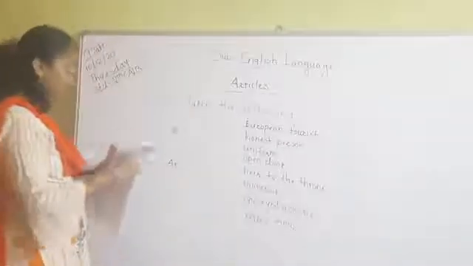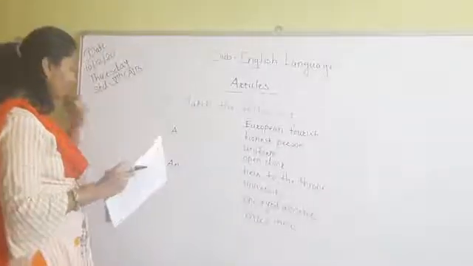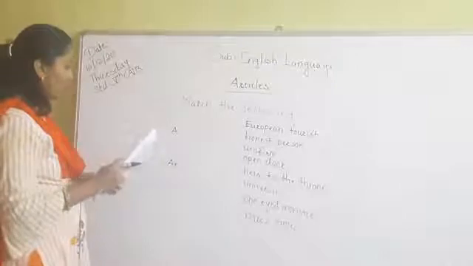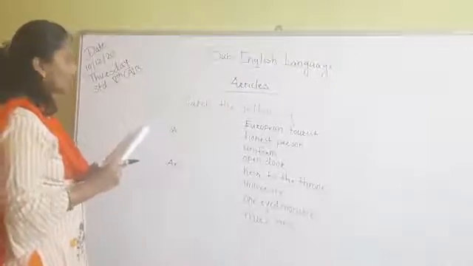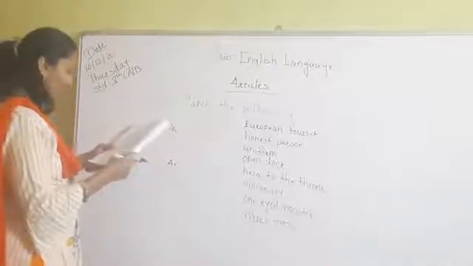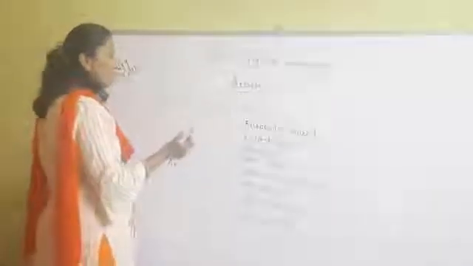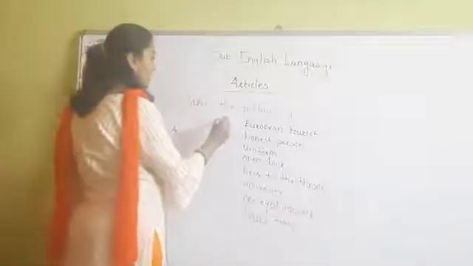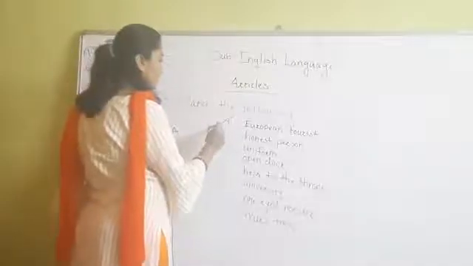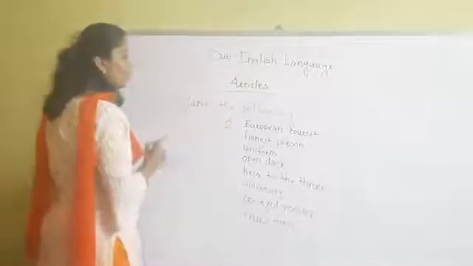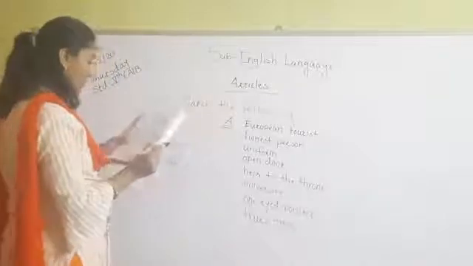So you have to write a or an, or you have to match it with a or an. Okay, so a European tourist we will write here, or match it with a European tourist.